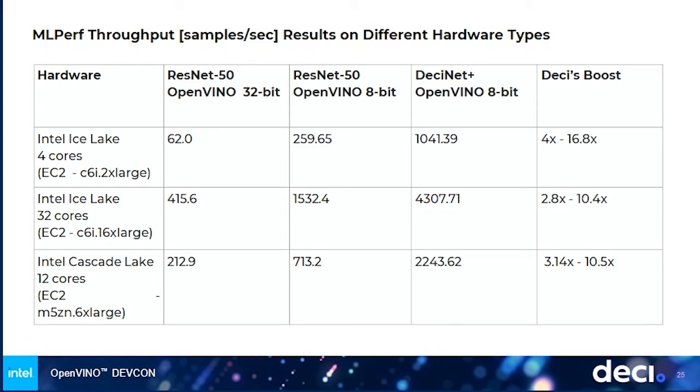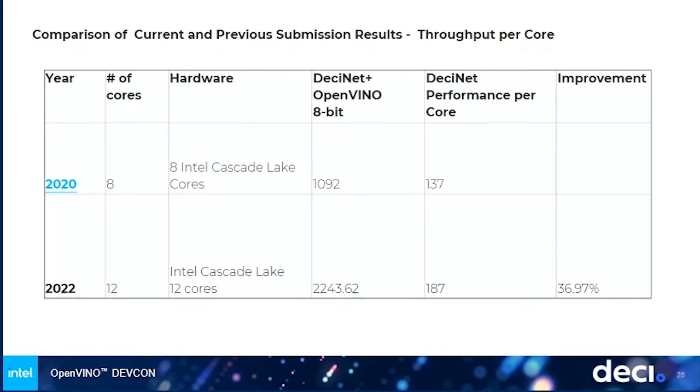We see that with DESI together with OpenVINO, we managed to get 187 images per core versus 137 for Nesty, which is a 36.97% improvement. And we believe a lot of it is because we improved our NAS, and a lot of it is also because OpenVINO improved their compilation.